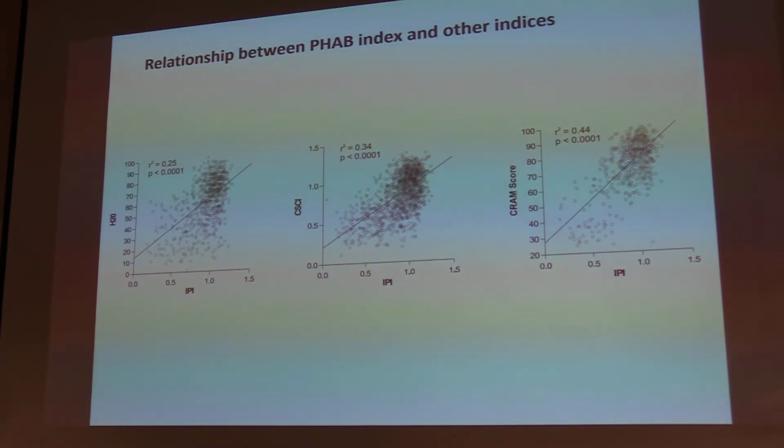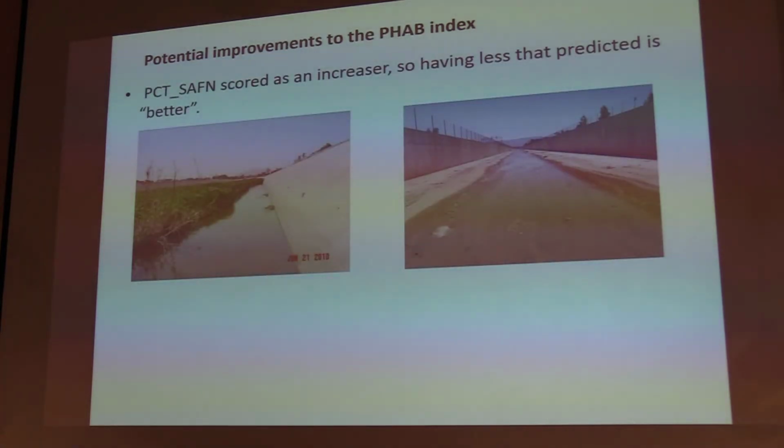And it's perhaps not surprising that IPI and CRAM have the strongest relationship of all those indices. While they don't directly overlap in terms of what they measure, I think you could argue they measure similar things in different ways. So in all, I think they actually complement one another pretty well.